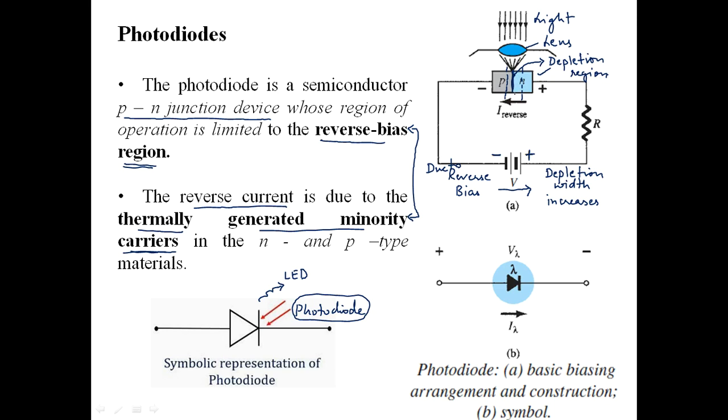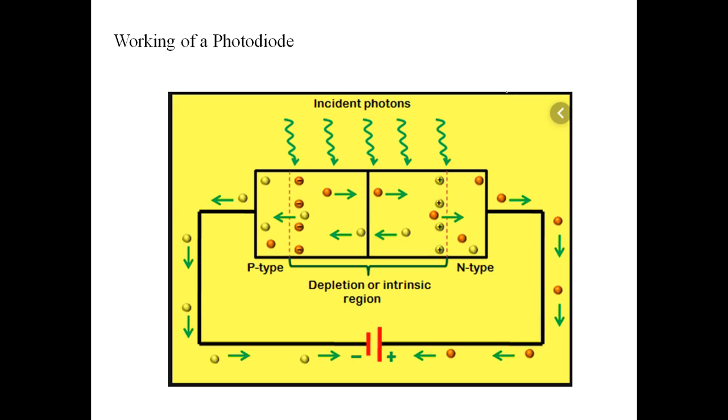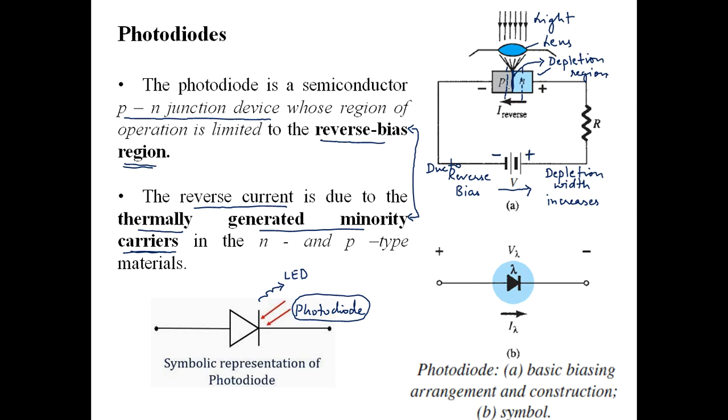Okay, now there are two questions that arise. The first question is: why is it that the light is not made to fall in the P region or in the N region, and why are we trying to focus the light and then forcibly make it fall within the depletion region?